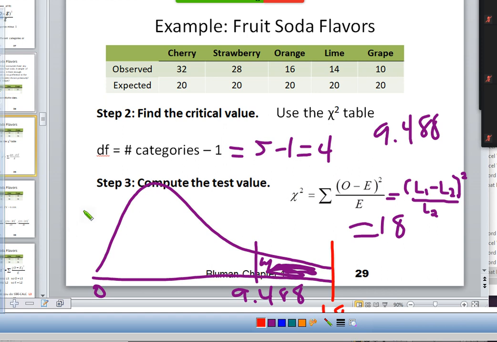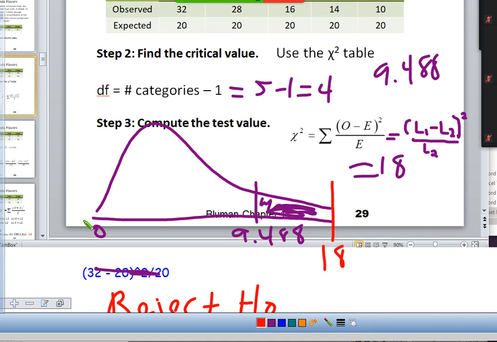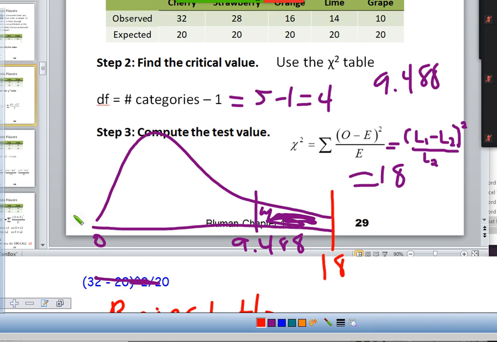Professor Young, why isn't it like positive negative for the critical? Because chi-squared starts at 0, and chi-squareds are never negative. They start at 0, and then they go on from there. I don't know why. That's how this chi-squared distribution works. It's never negative.